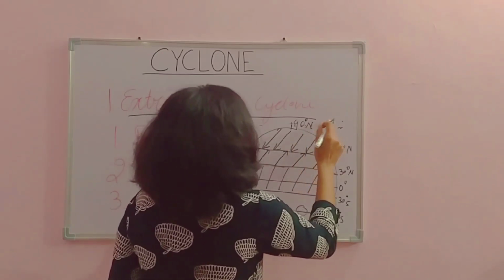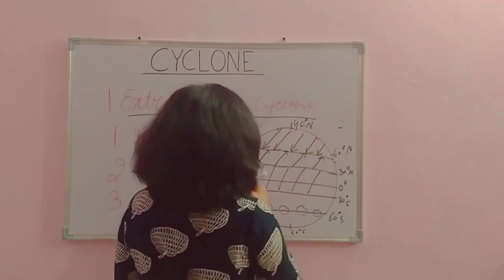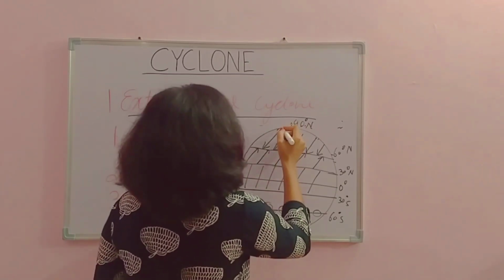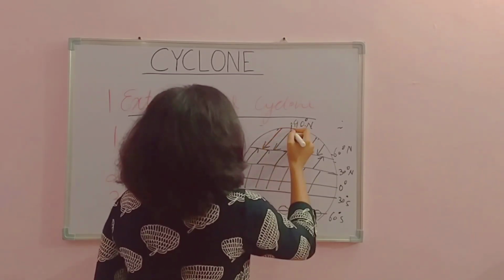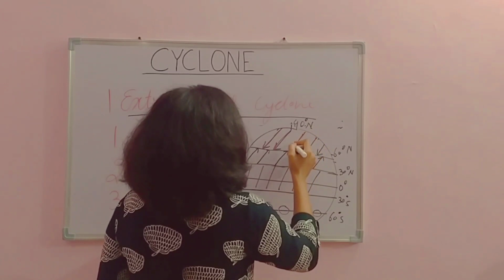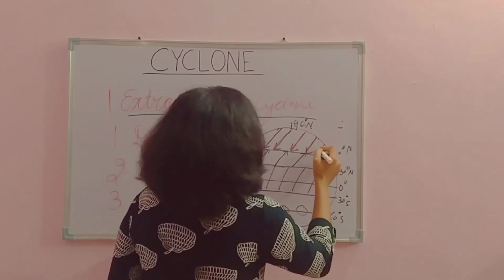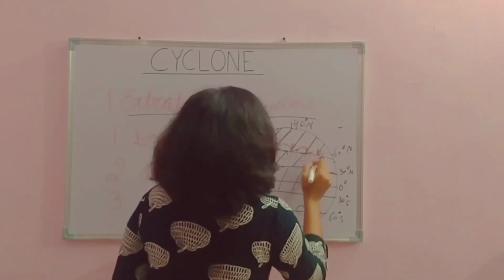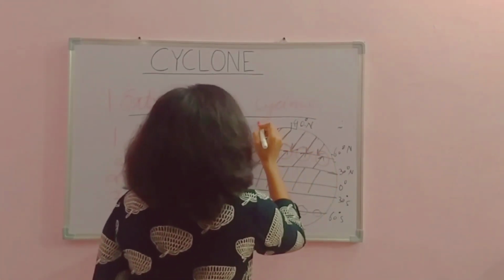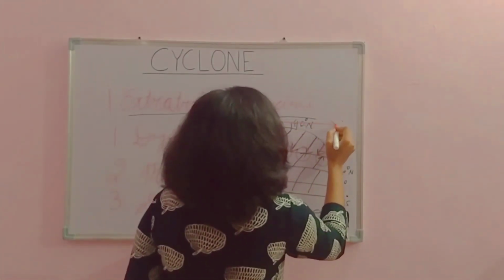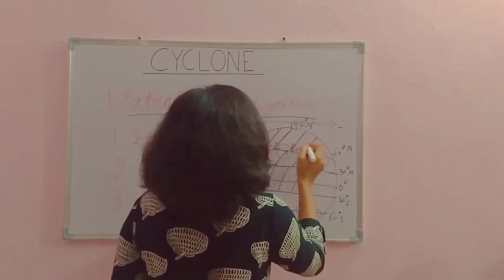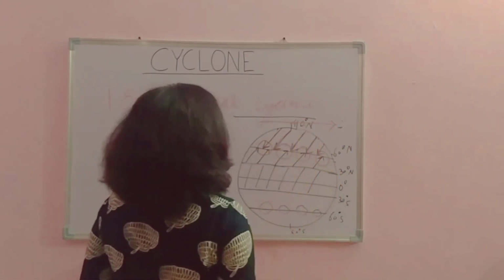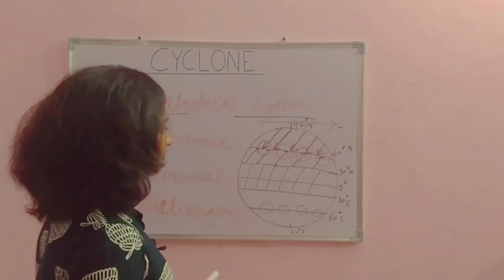Here, this wind is coming from northeast direction and moving towards southwest direction. So, after converging over this region, the cyclones are moving in east direction under the influence of the Coriolis force.